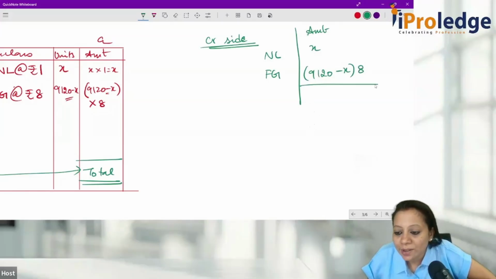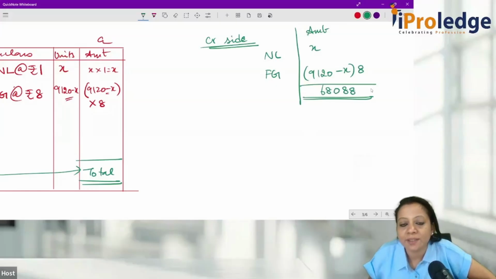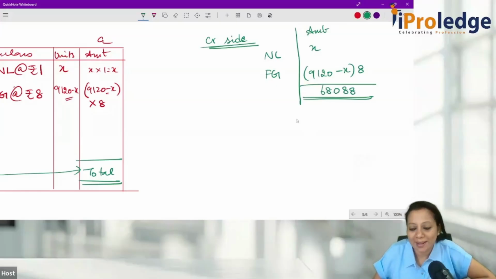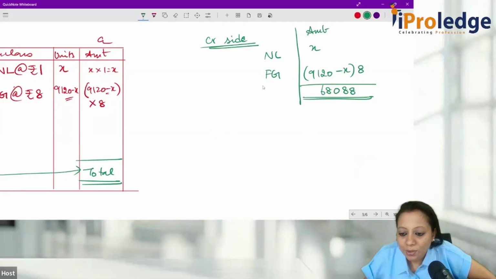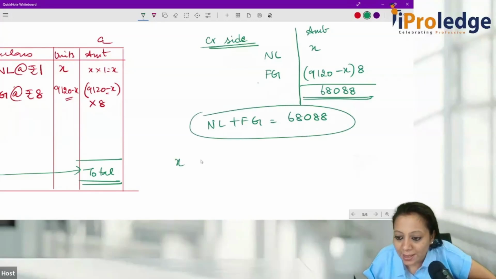Yes. So that should be equal to what? 68088. If I say like that, will you all agree with me? Right. So now, normal loss plus FG is equal to 68088. Understood, everyone?